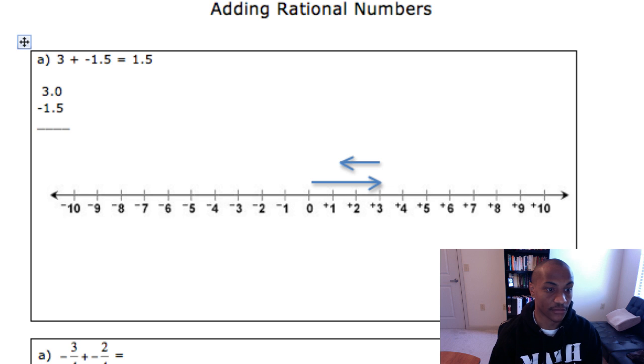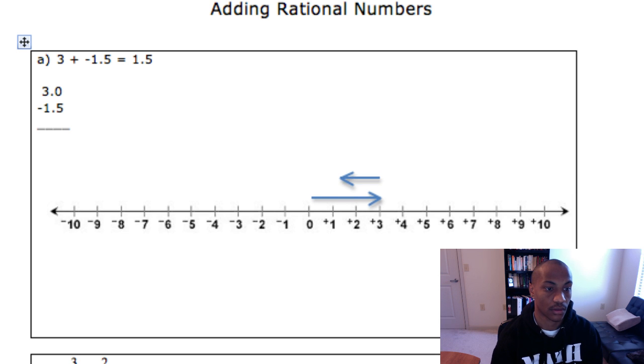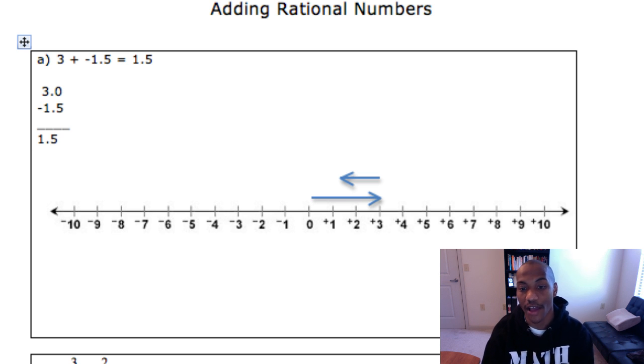That's going to give us 1 and 5 tenths. That's the math that we do. We see that we're ending up on the positive end of the number line, so we know our final answer is going to be positive 1 and 5 tenths. Now let's go to the next problem.